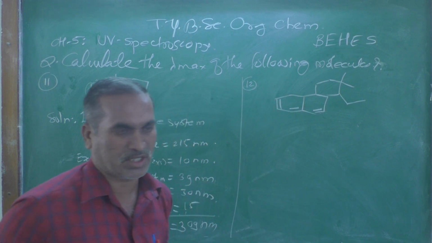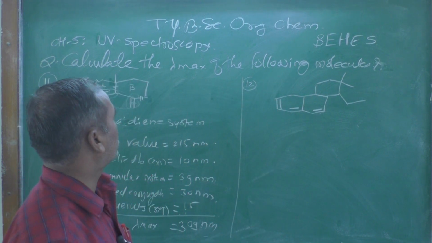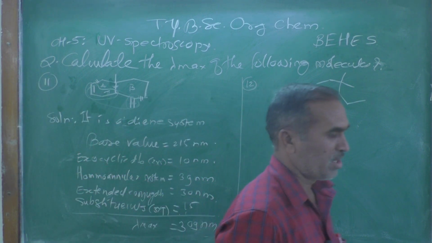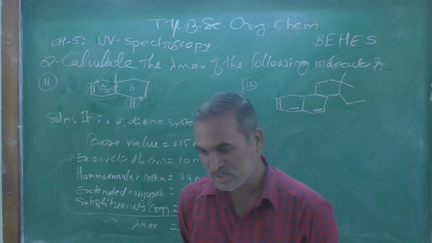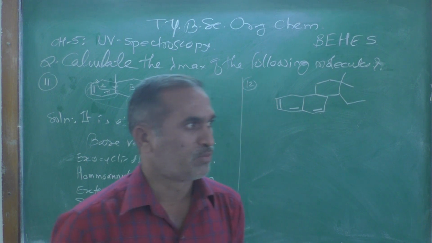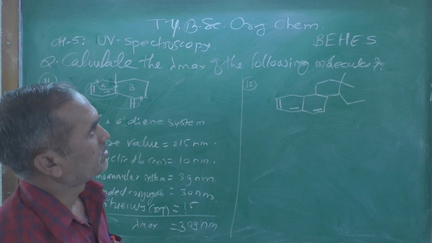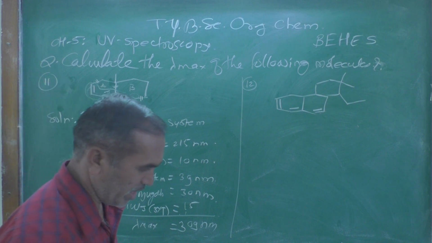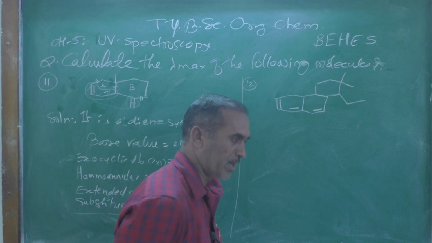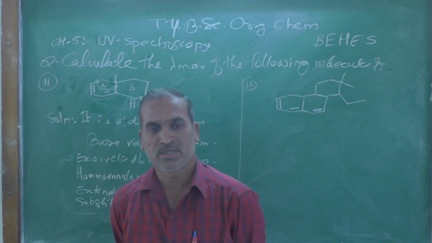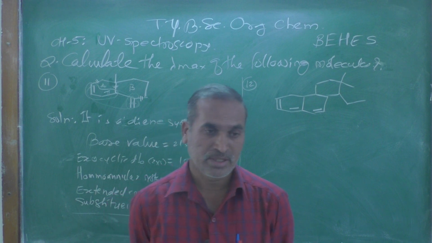So this is the structure. Calculate the lambda max of the following molecule, and we are discussing how to calculate the lambda max using the Woodward-Fieser rule. And as we know, only one system we are studying, which is the diene system, right?